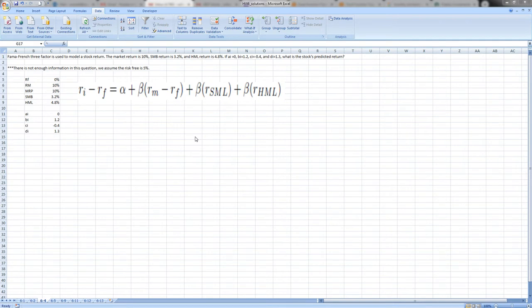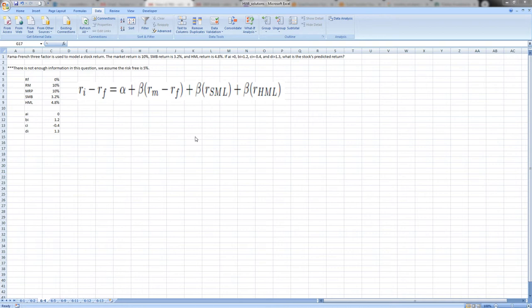So this question reads, an analyst has modeled the stock of a company using the Fama-French three-factor model. The market return is 10%. The return on the small minus big or small minus large portfolio is 3.2%, and the return on the high minus low portfolio is 4.8.